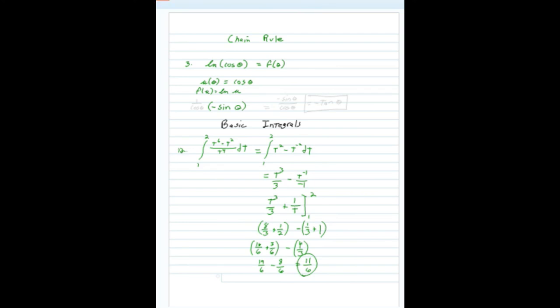But remember, u is cosine of theta. So we have 1 over cosine of theta times negative sine of theta. That's the same thing as negative sine theta over cosine theta, which is negative tangent theta if you remember your trig functions. So these are all examples of taking derivatives using calculus rules.